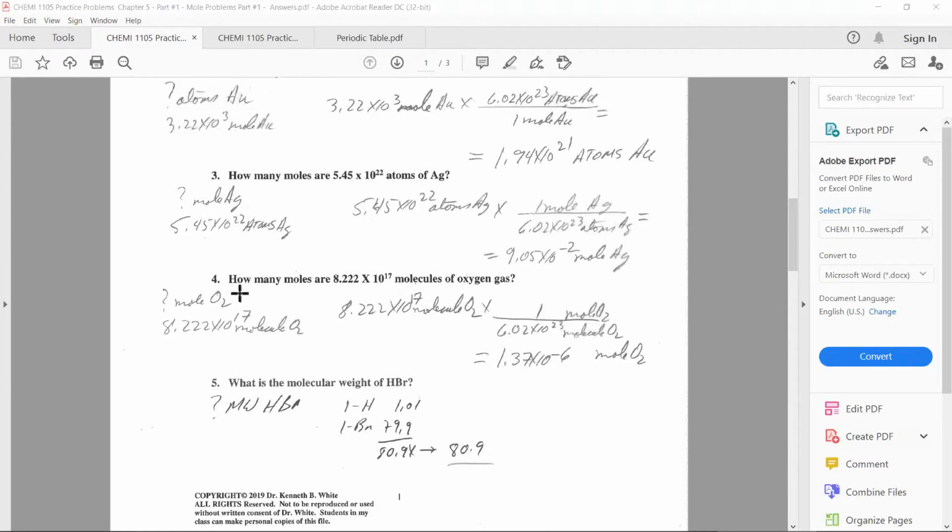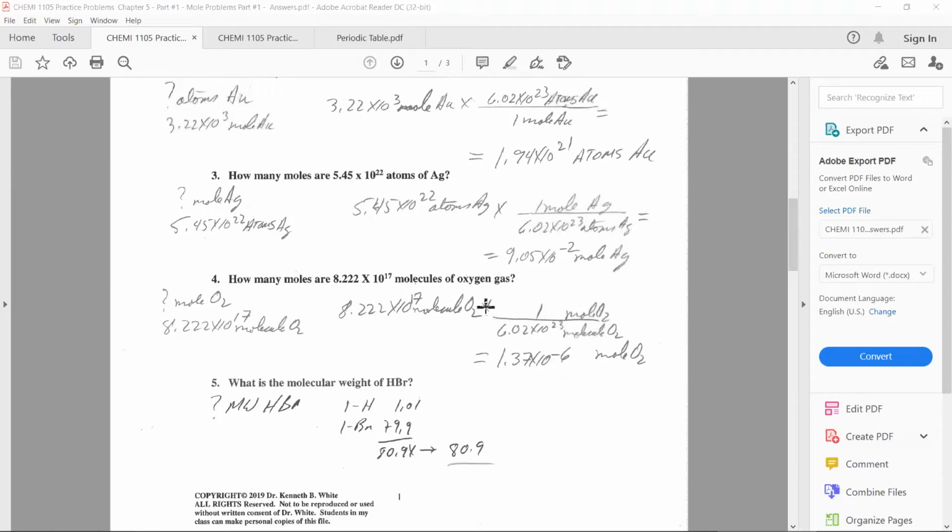What units am I trying to get to? Moles of O2. So this goes on top of the ratio that I'm going to multiply this number by. Underneath goes what I'm trying to get rid of, the molecules of O2, because I don't want that in my answer. And where do we get this number? 1 mole of a compound equals Avogadro's number of molecules of that compound.